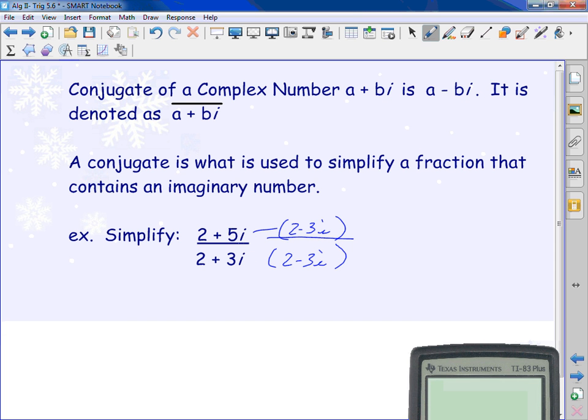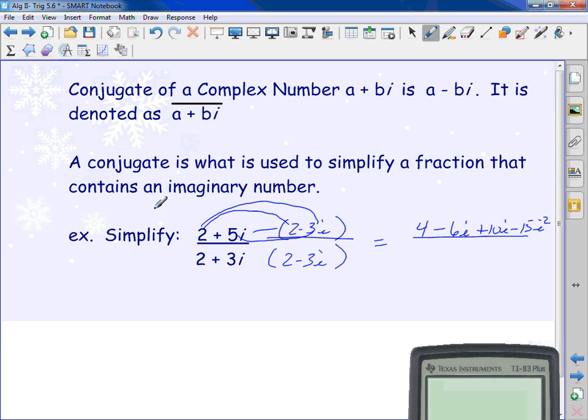Now I FOIL on top. 2 times 2 is 4. 2 times negative 3i. 5i times 2 is 10i. And 5 times negative 3i, negative 15i squared.